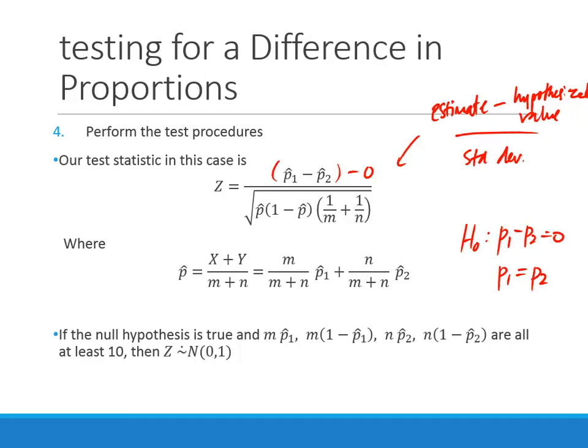The null hypothesis tells us that those populations are essentially the same, so we can put all of our successes over our total observations together. So this is the overall sample proportion, assuming that P1 equals P2, where we have just one population and we're looking at total number of successes out of total number of observations.